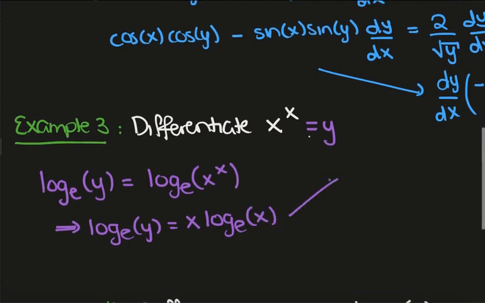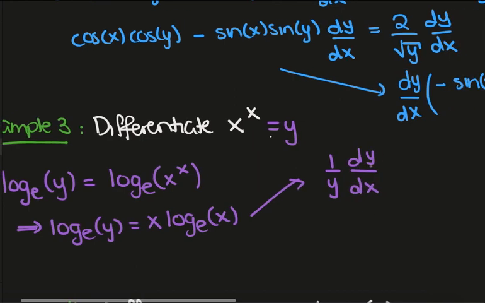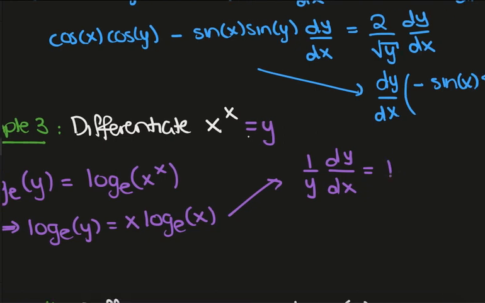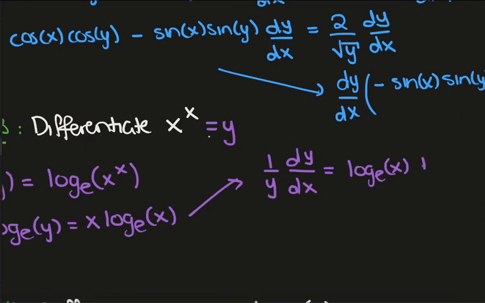Now I can differentiate log e y by implicit differentiation. I just get 1 over y times dy dx, and then I just use the product rule on the right hand side. I'll get log e x plus x over x.